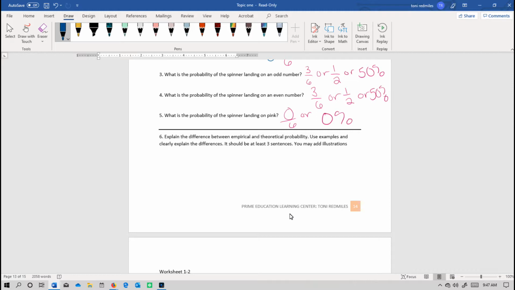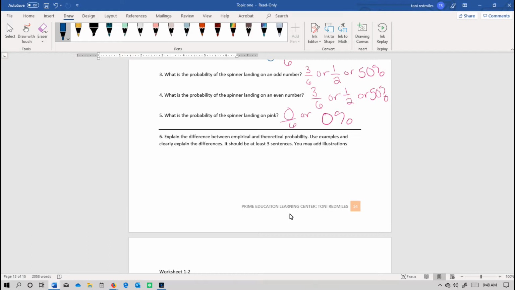Empirical probability is when I do the experiment and I collect the data and I draw my conclusions about probability and odds, which is the next worksheet, from that experiment. Theoretical is where I do the math of what could happen, what is likely to happen, and I draw my probability results and my odds results off of the mathematical data that I generated.